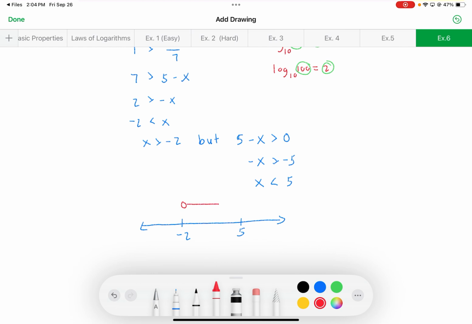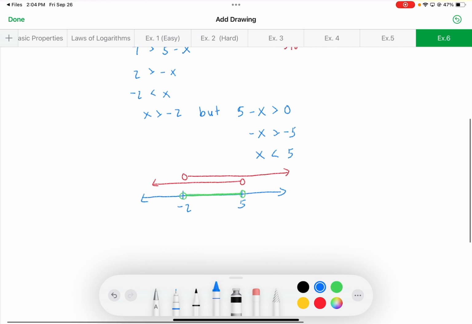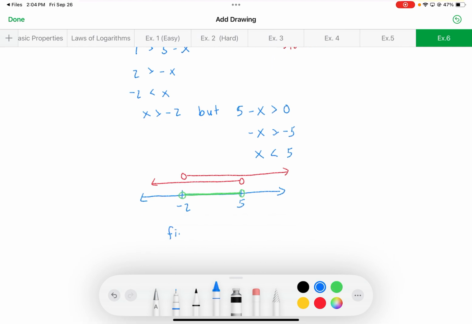Greater than negative 2, less than 5. Where are they in common? Between negative 2 and 5. So that would be my final solution. Negative 2 to 5.